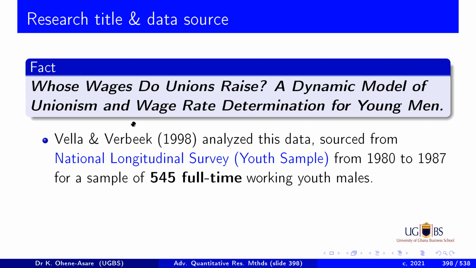They have just come out of school and they have been employed. And they started working from 1980 to 1987. There are 554 full-time working males. They were all boys. And this data, we've given it a title called Whose Wages Do Unions Raise? A dynamic model of unionism and wage determination for young men.